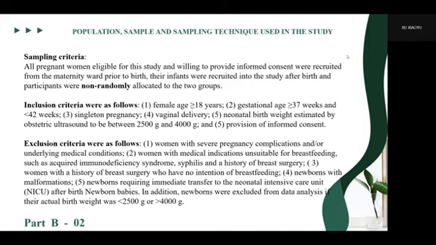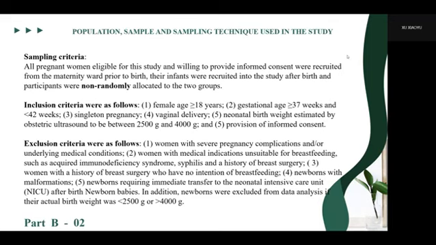The selection criteria for the sample were: first, female age greater than or equal to 18 years. Second, gestational age greater than or equal to 37 weeks and less than 42 weeks. Third, singleton pregnancy.